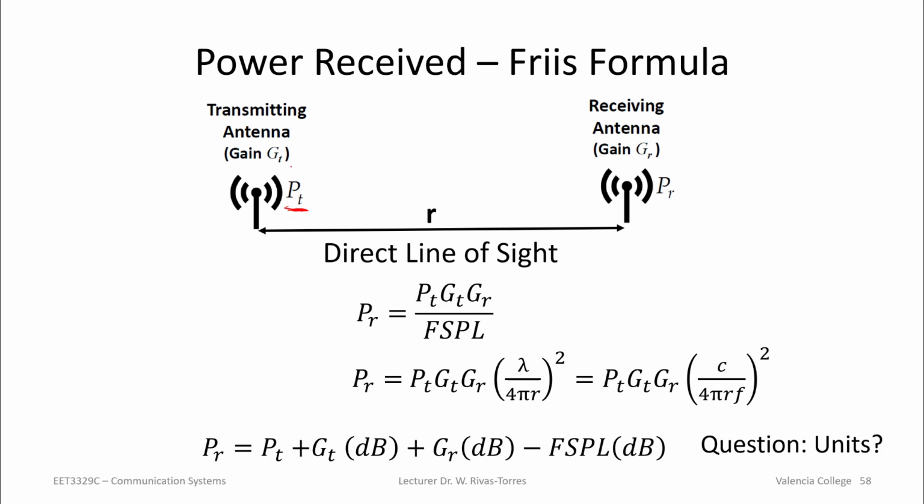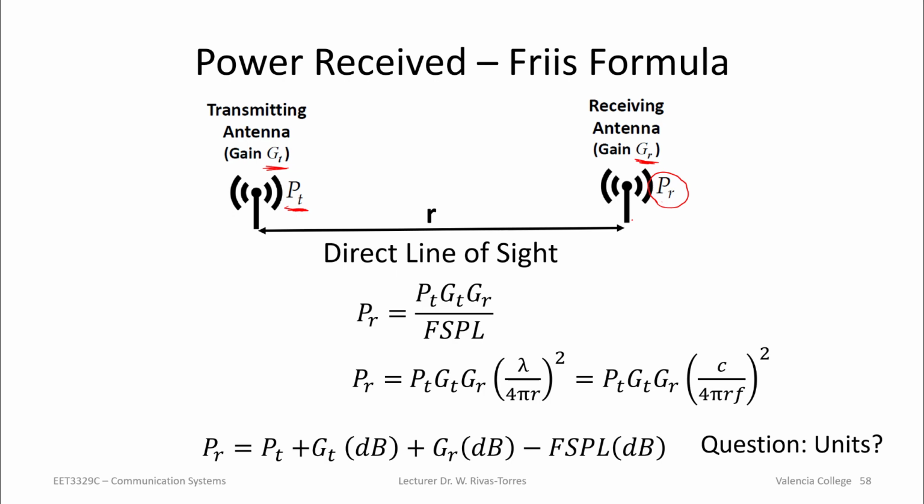This antenna is characterized by a certain gain, G sub t. Let's say it's direct line of sight, which means you can see something with no obstruction. After a certain distance r, we have our receive antenna, which has a gain G sub r, and we are interested in knowing how much power our receiver will see.